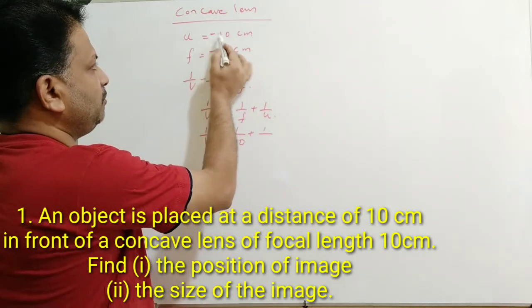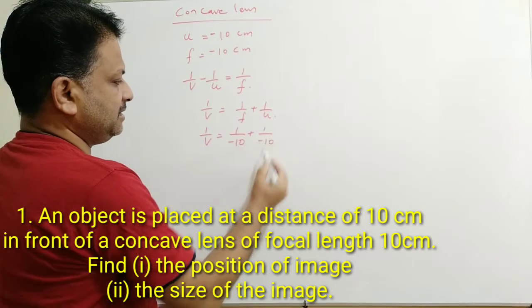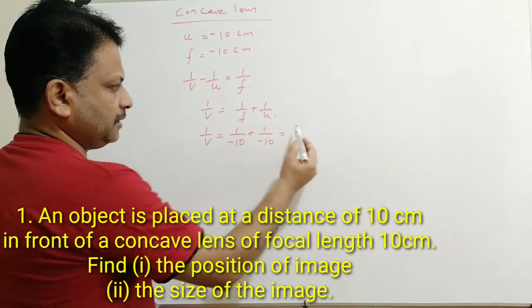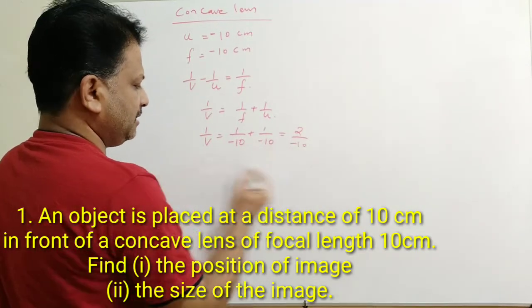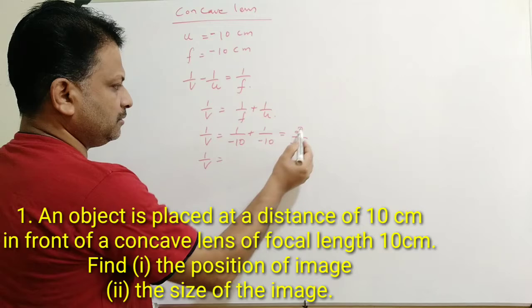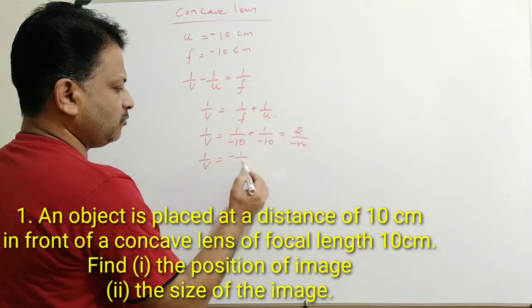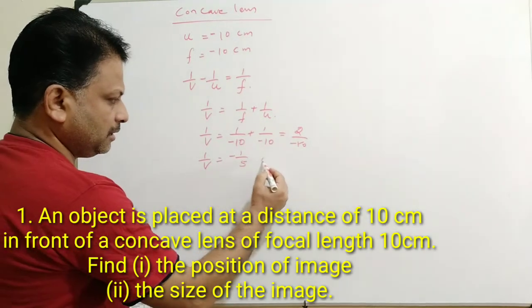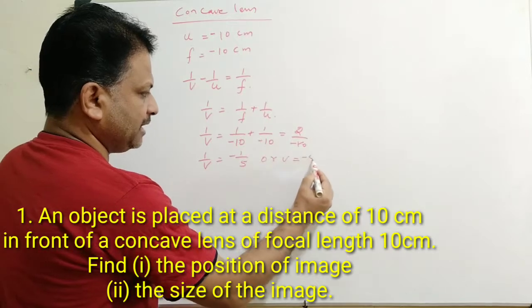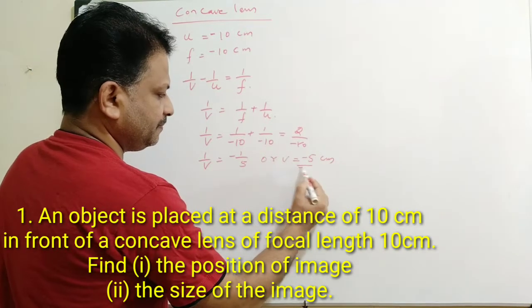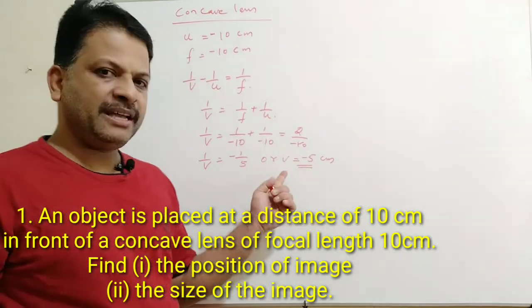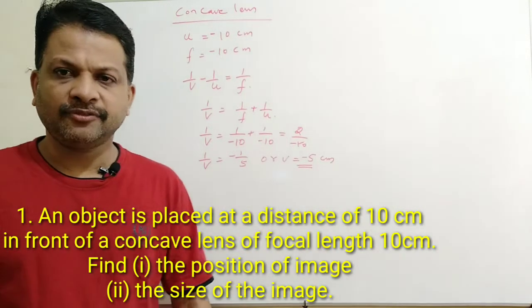What's the sign of U? -10. That is -10. That's equal to 2 by -10. So 1 by V is equal to, cancelling, -1 by 5, or V is equal to -5 centimeter. So the value of V, the image distance, comes out to be -5 centimeter.